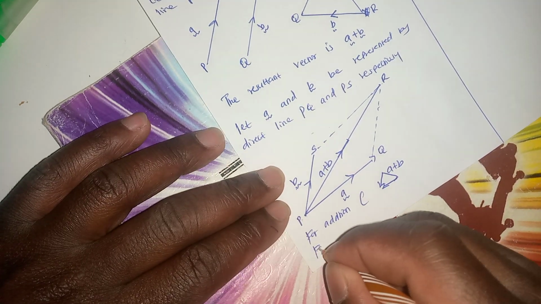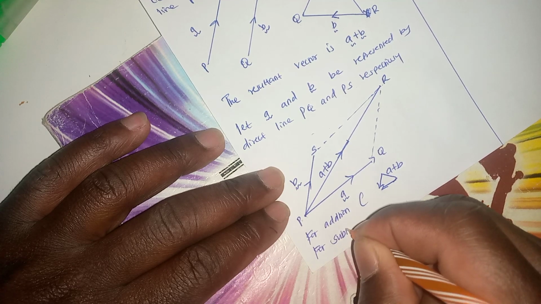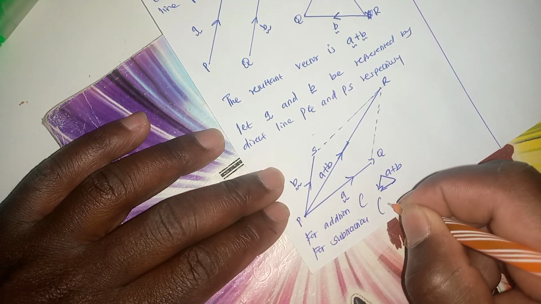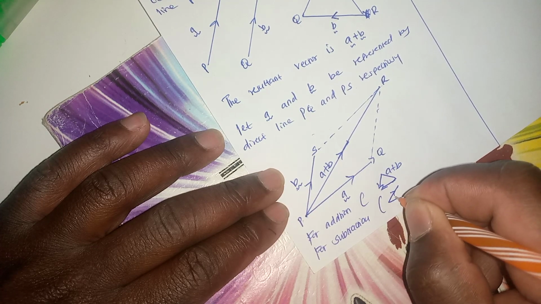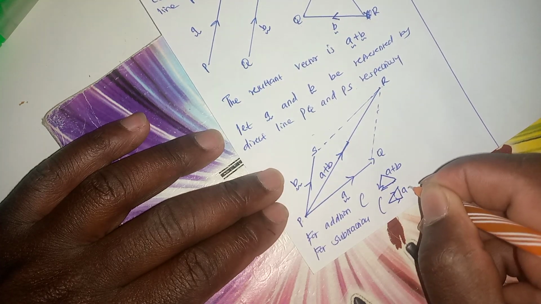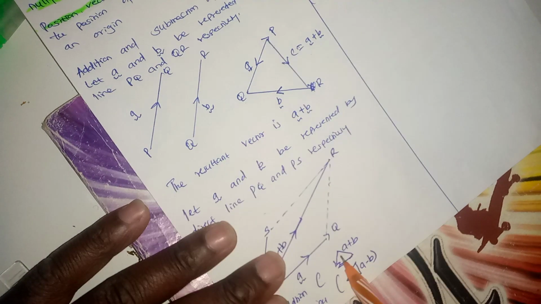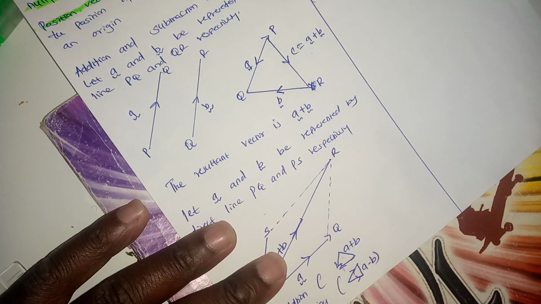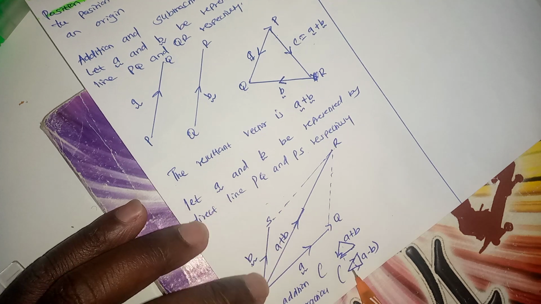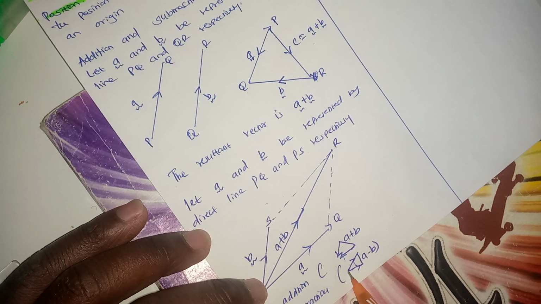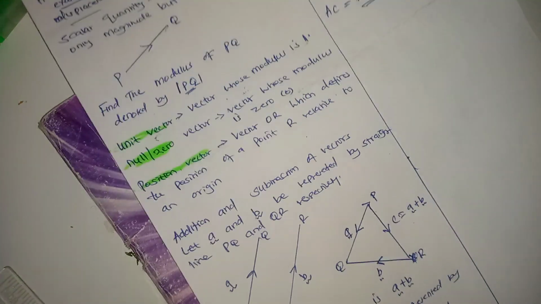And then for subtraction, it will be like this. You can draw this way, and then you find the resultant. So for addition, the arrows are meeting somewhere, but for subtraction, the arrows tend to spread away from one point.